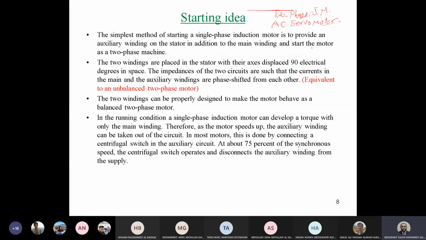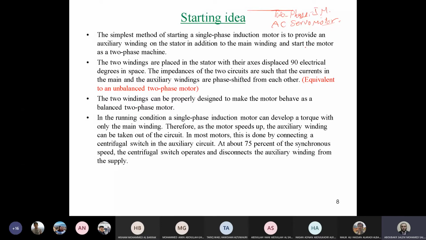And this winding can make a phase shift just for starting. Now, how can we proceed operating this winding if it cannot take high current? Of course we don't need this winding after starting, so we can easily remove it from the operation.